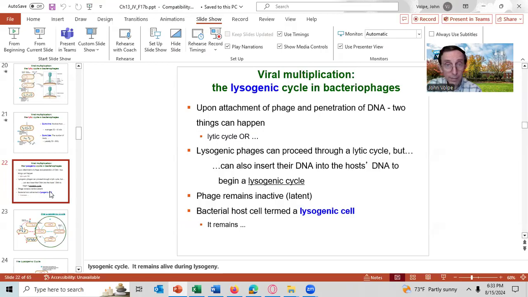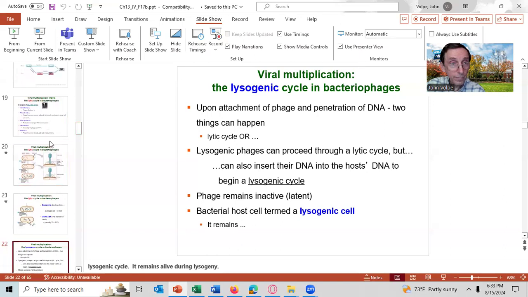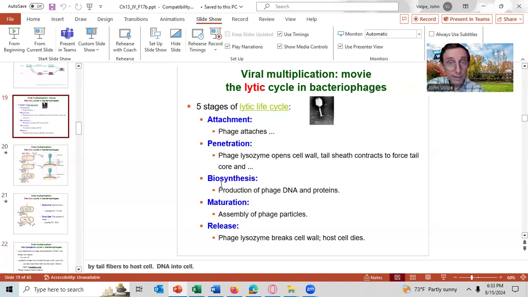And once that happens, the virus has to decide whether to remain in the lysogenic life cycle or enter the lytic life cycle. If the virus enters the lytic life cycle, it then follows the life cycle I just discussed with the lytic life cycle.